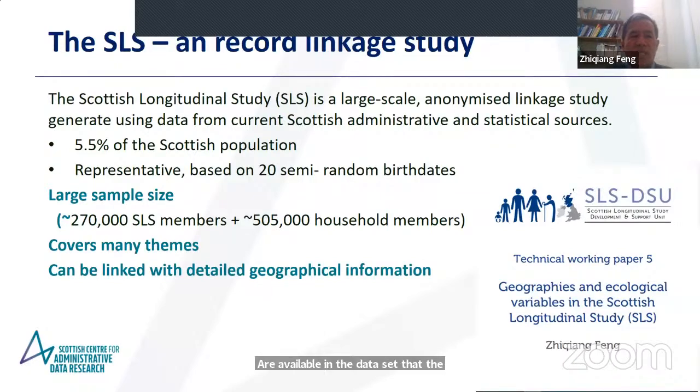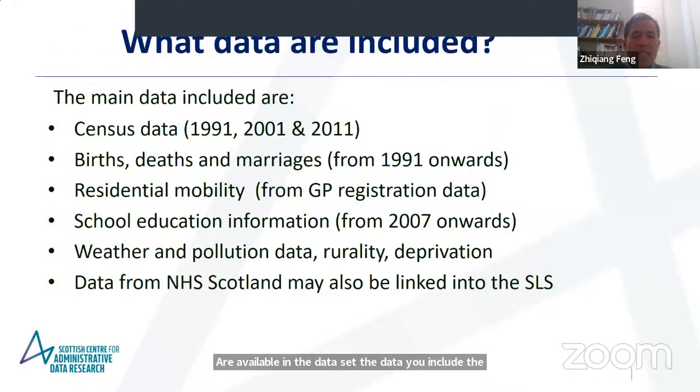The data include the population census, births, deaths, and marriages, residential mobility, and school education data, weather, pollution data, and also NHS data including many hospital admissions, prescribing, psychiatric, and cancer registration as well.